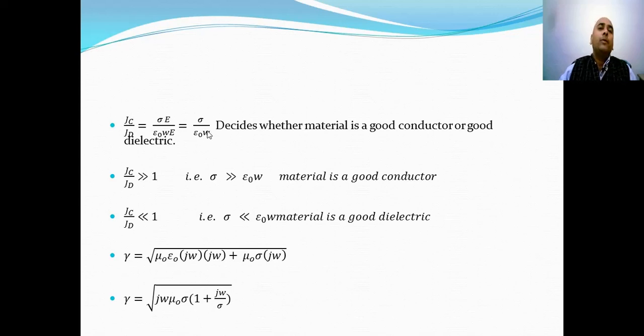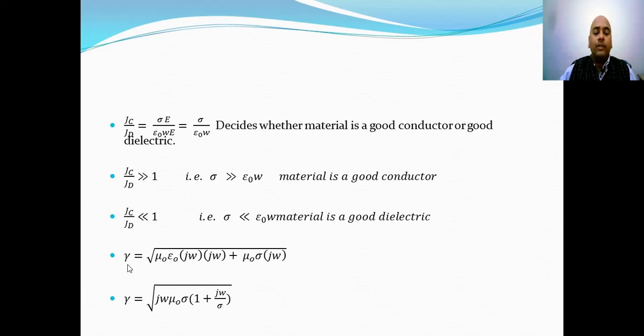It might be possible that at some frequency a material behaves as a good conductor, and at another frequency it behaves as a good dielectric. So if the ratio Jc by Jd is much more than 1, then the material is a good conductor. However, if this ratio is less than 1, then the material is a good dielectric.